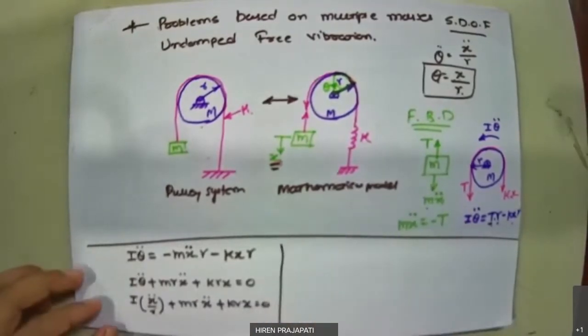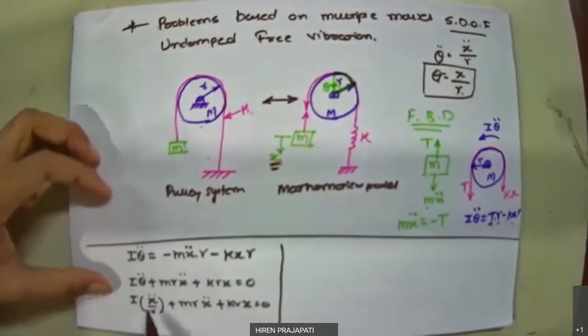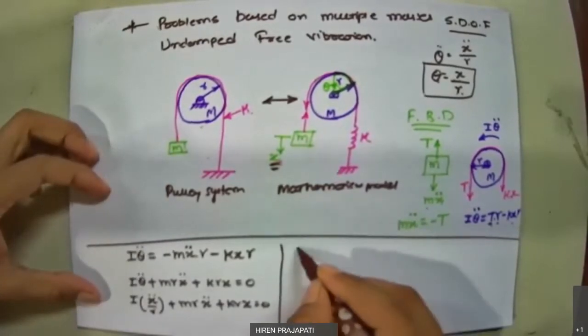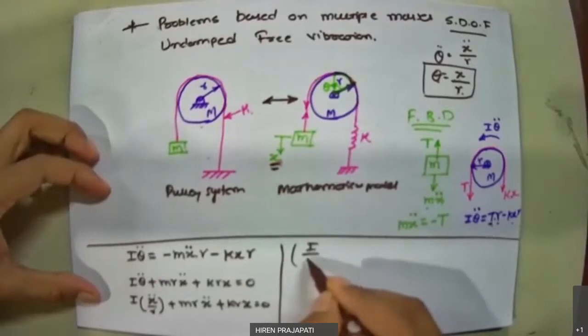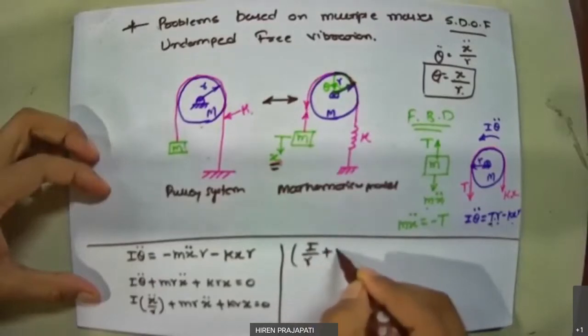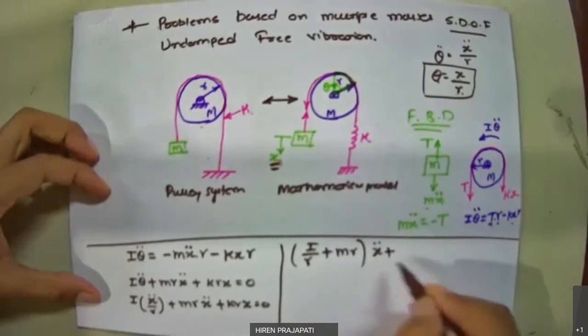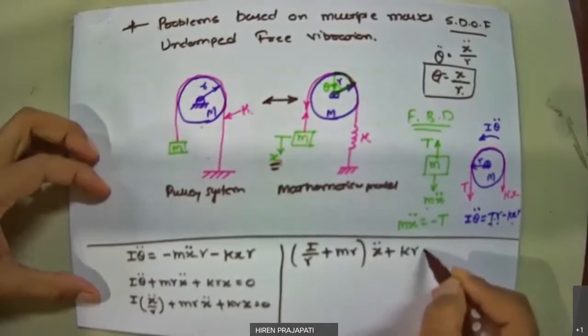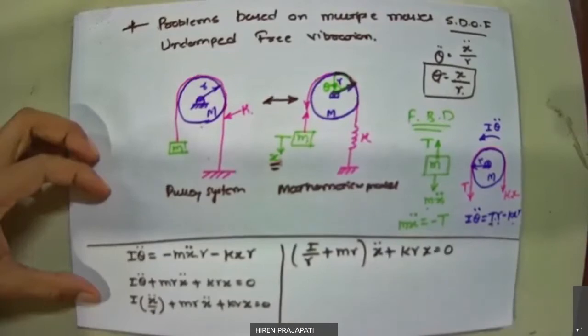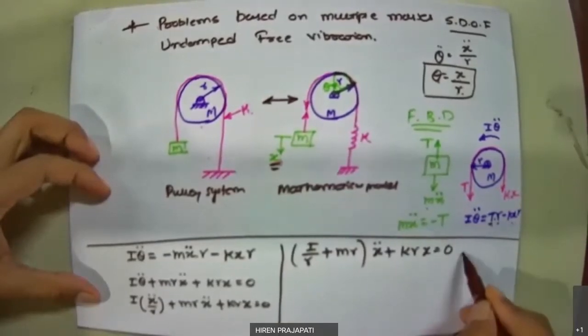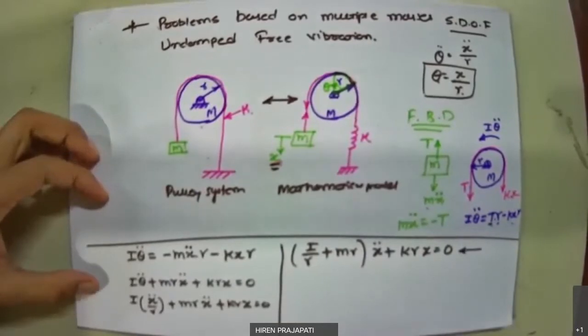Now this x double dot acceleration is common in both, so let me write this as I by r plus mr, times x double dot, plus kr x is equal to 0. Now suppose I want to write this in simple harmonic equation form, then please Karthik, can you tell me what to do next after getting this?